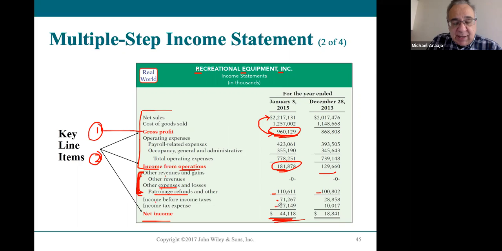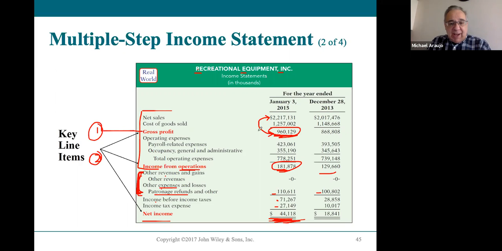Just because you see that they are expected to pay $27 million of that profit in taxes doesn't really mean that they do, because the tax code and the tax laws and the tax forms can be substantially different than the income statement. This is the form that we're using here. But they do have to estimate their tax expense. And that's where you get the 44 million at the end.